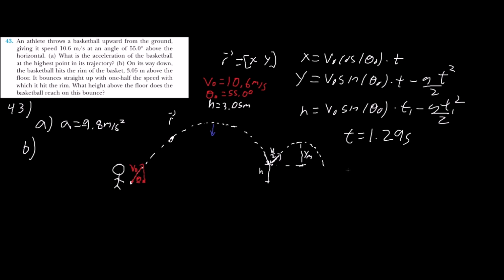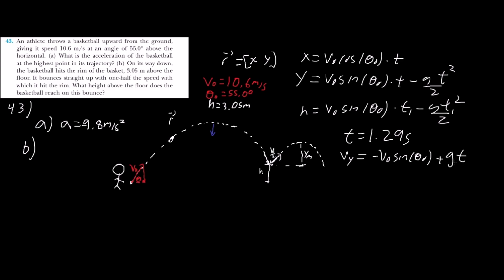Once you find that time, let's find the velocity in the y component when it hits the rim. I'm going to define this to be Vy. I'm going to kind of cheat a little here because I want to get the positive magnitude. I'm going to say that this is negative v naught sine of theta naught, that's just 10.6 sine of theta, that component, even though I'm calling down negative in this case, minus or plus g t.